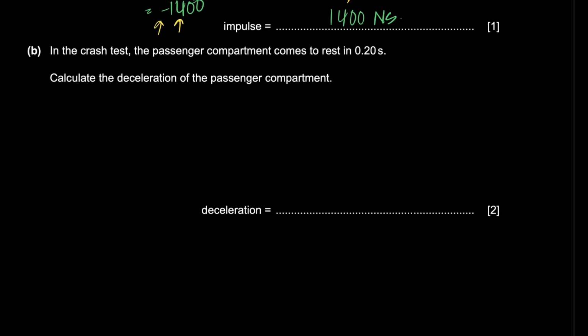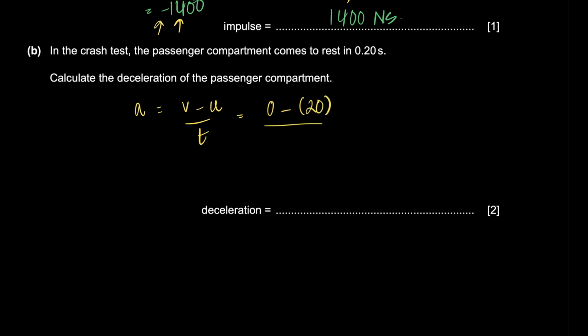All right, not really the final part, but let's see. In the crash, the passenger compartment comes to a rest in 0.2 seconds. Calculate the deceleration of the passenger compartment. Well, the acceleration is v minus u over t. The velocity is 0 now, but it began moving at 20 meters per second.